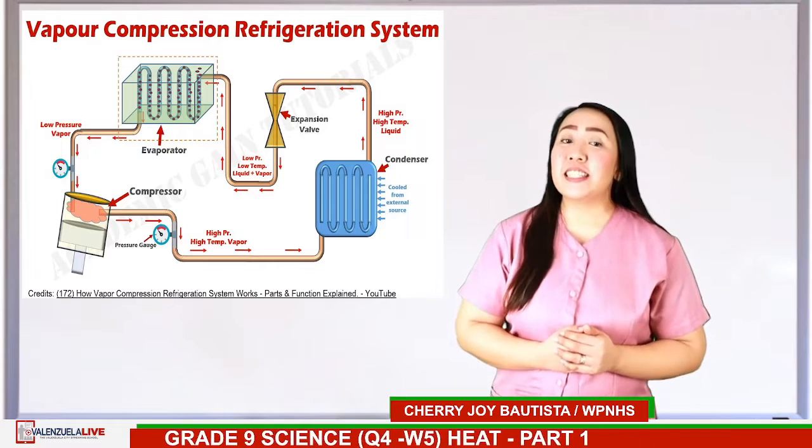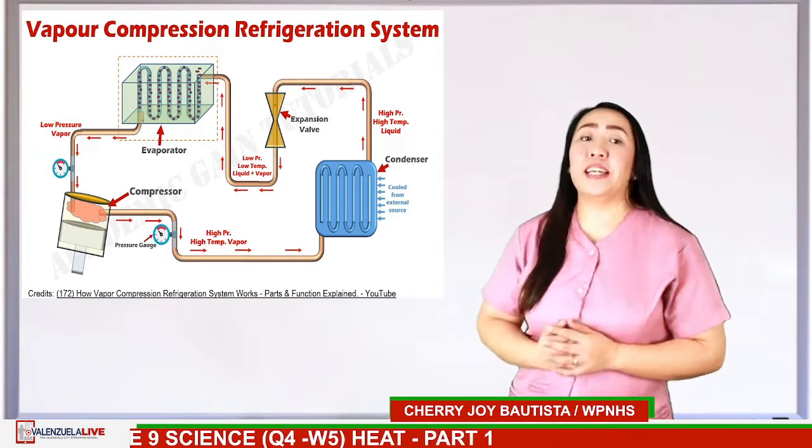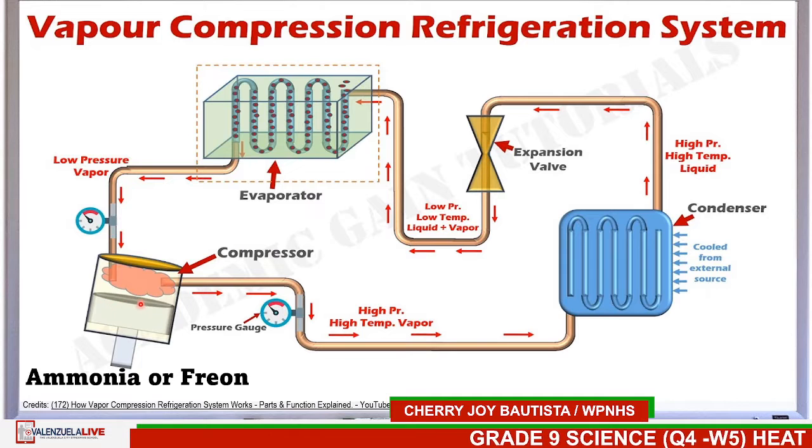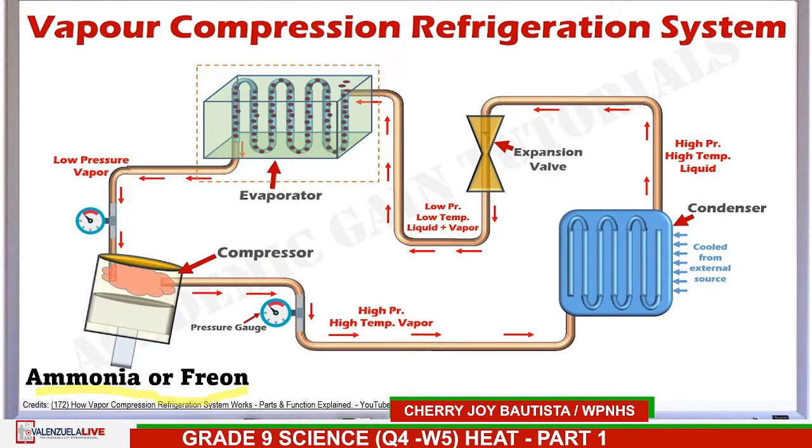Now, let's see how these components work. First of all, this compressor pressurizes or compresses the vapor refrigerant. Here in the vapor compression refrigeration system, we commonly use either ammonia or freon as a heat-carrying medium throughout the whole procedure.